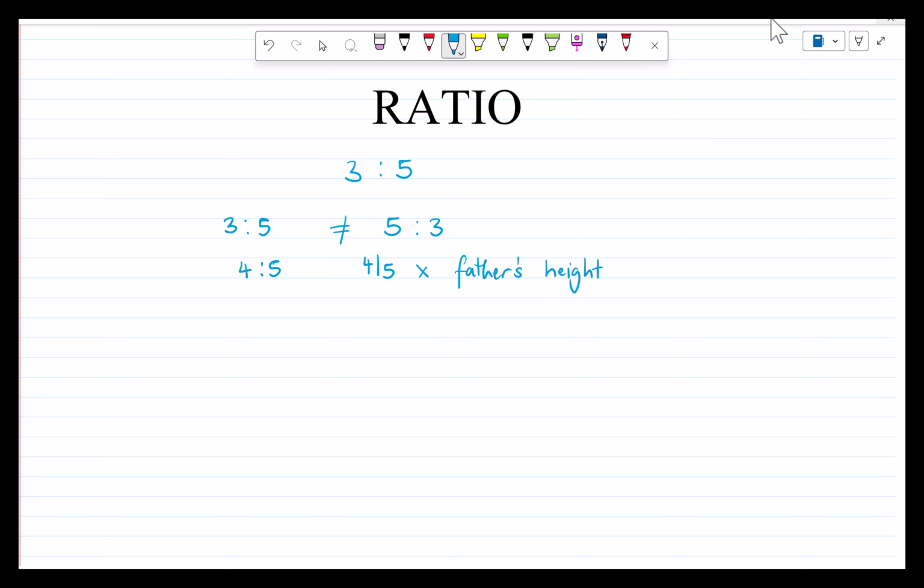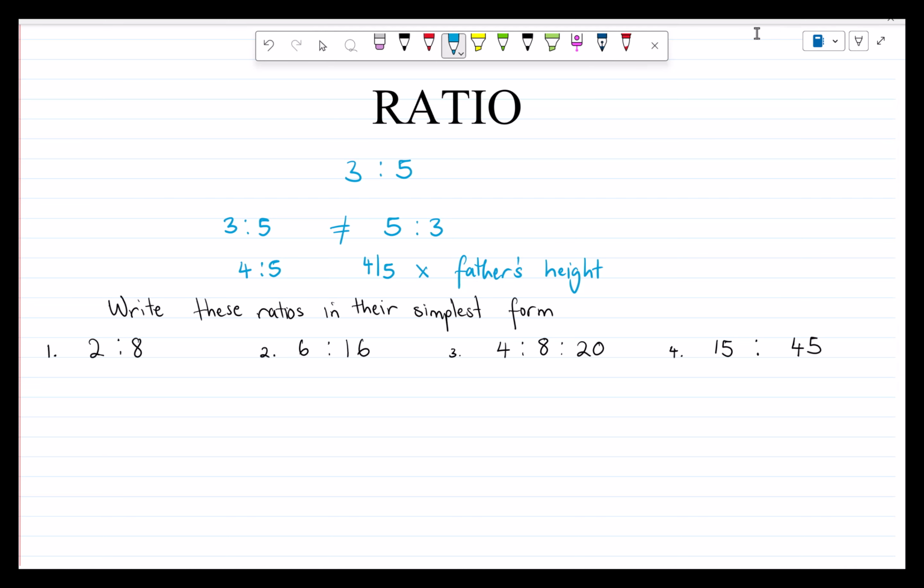We are going to look at simplifying ratios. The question says, write these ratios in their simplest form. When we are changing a value to its simplest form, we want to make it as small as possible. So example number 1, we have 2:8.